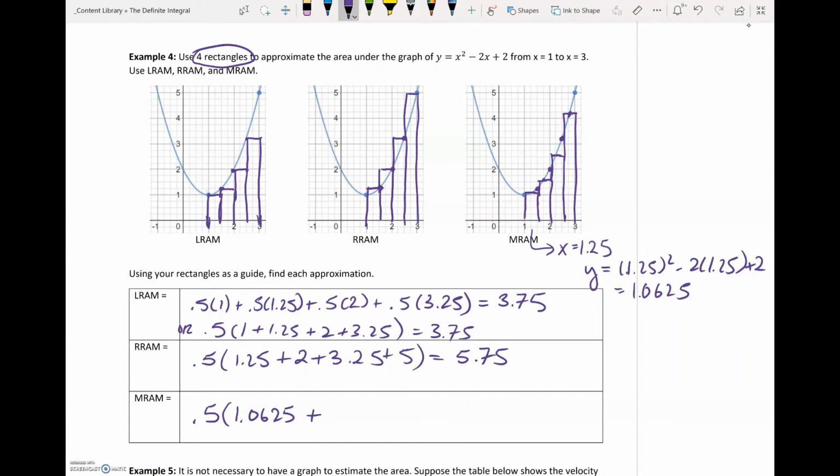And then for the second one, you're going to plug in 1.75 to find our height. And then again, you would do 2.25 and 2.75 for your x values to find your y value. So you're still going to follow that same sort of thing, just plug it back into y equals x squared minus 2x plus 2 to find these values, but I'm just going to go ahead and give them to you.